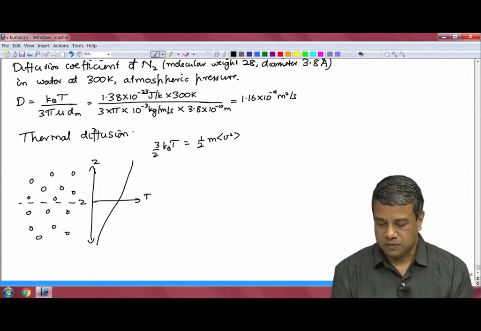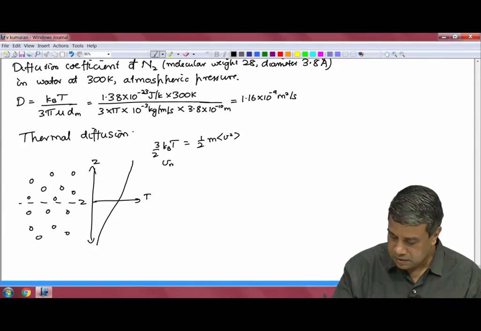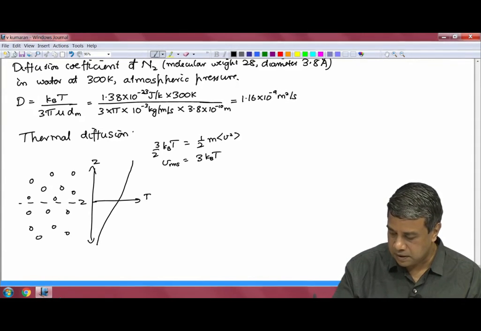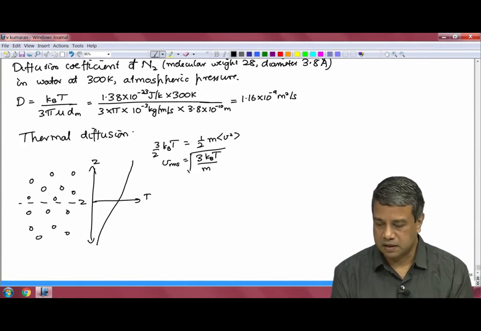So, the molecular fluctuating velocity Vrms is equal to the square root of 3 kBT by m. That is the relation between the fluctuating velocity and the temperature.